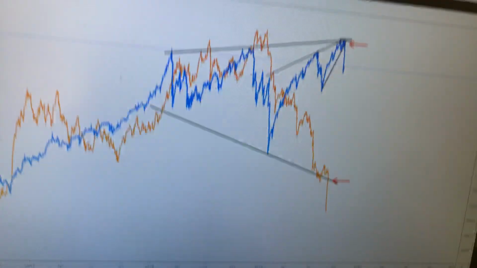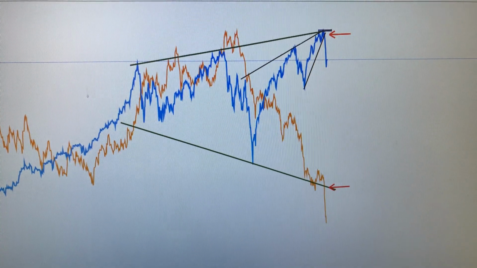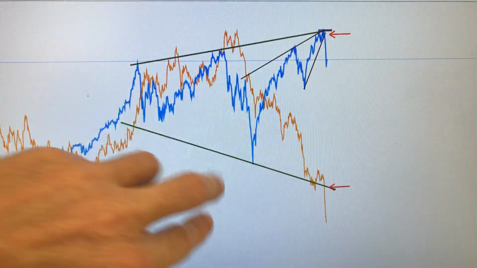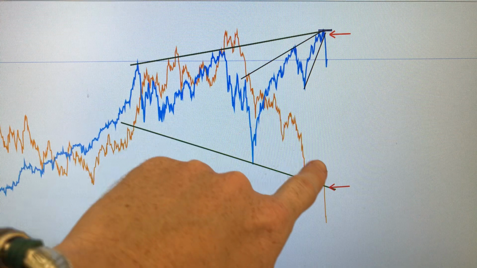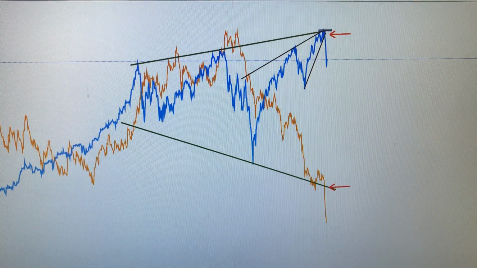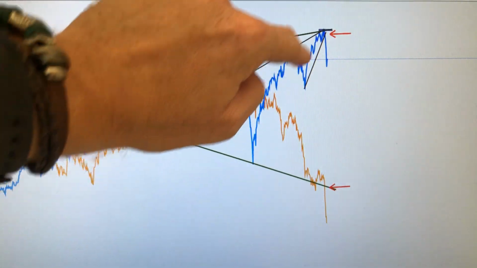So this here is the chart of the S&P 500, which is the chart that you all know of, that I've been talking about a lot here. That's this blue line. And in orange I have 10-year bond yields, US 10-year notes. What I want to quickly show you is that we've had this big divergence between stocks and bond yields.